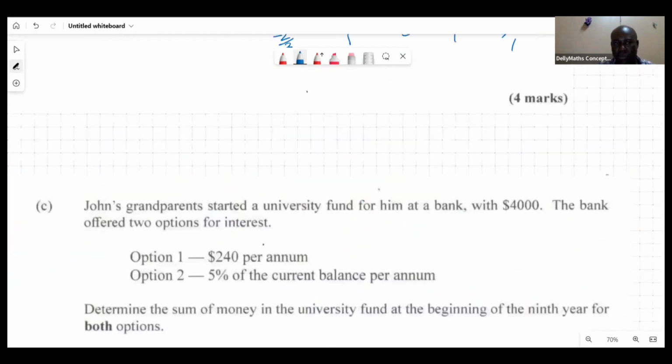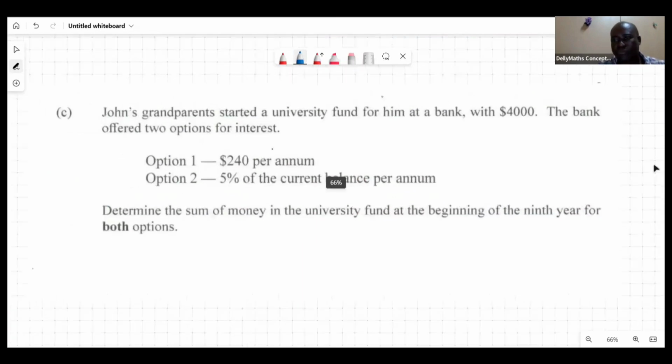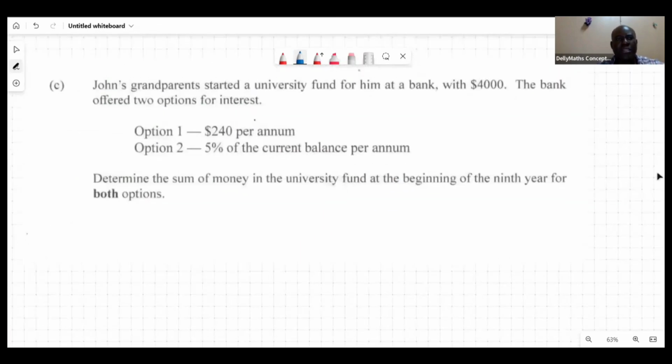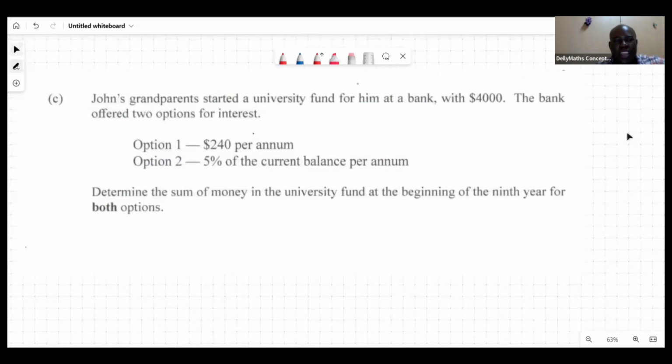Let's move on to the C part. All right, it says John's parents started a university fund for him at a bank with $4,000. With $4,000, the bank offers 2 options for interest.